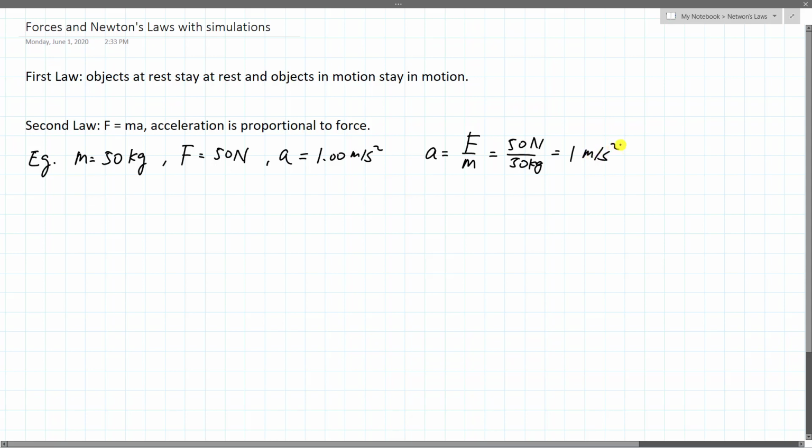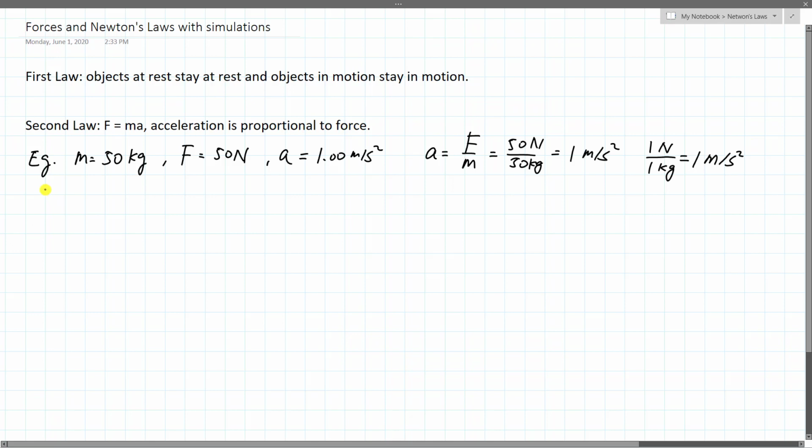So this gives us an opportunity to introduce what a newton is. A newton over a kilogram must be equal to meters per second squared. If 1 newton of force is applied to 1 kilogram of mass, it should cause that 1 kilogram mass to accelerate at 1 meter per second squared. So that's what a newton is.